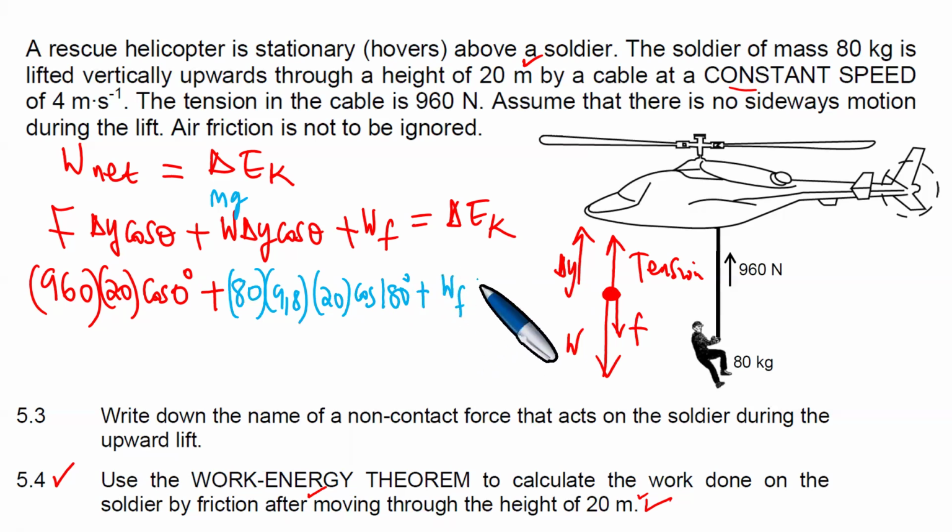Plus the work done by friction. The change in the kinetic energy is 0 because we have constant speed.